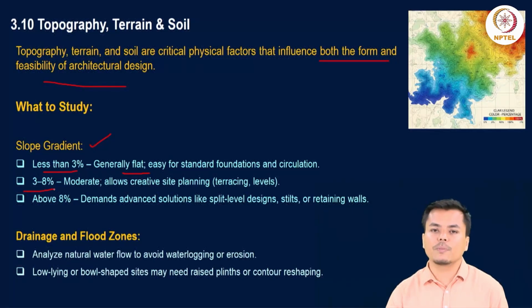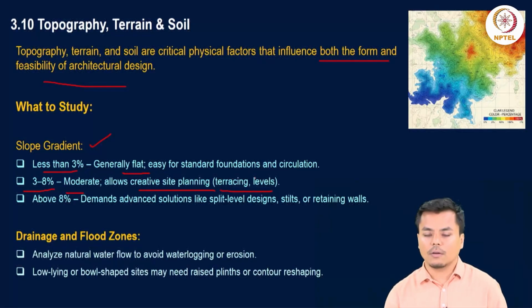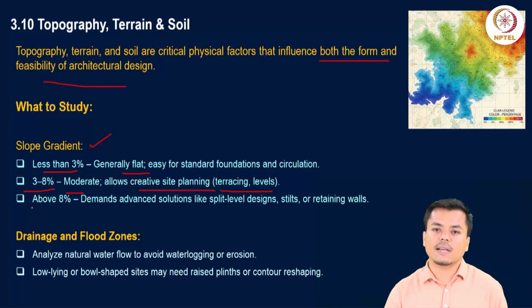But if the slope is between 3 to 8%, the slope is moderate and allows for creative site planning through terracing and levels. You can create levels within the site or create terraces so that you use your site in an optimum way. If the site has a slope over 8%, it demands advanced solutions like split level design, stilts and retaining walls.